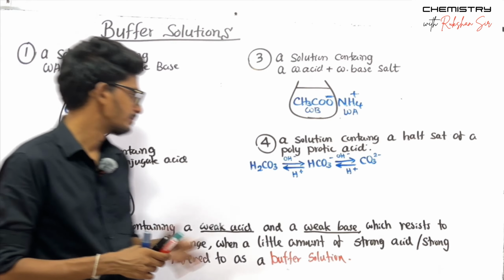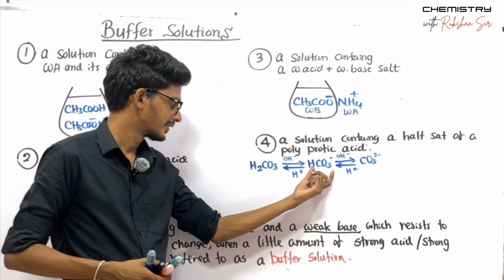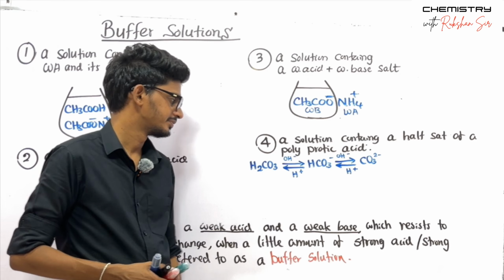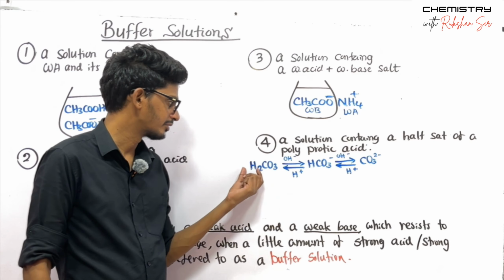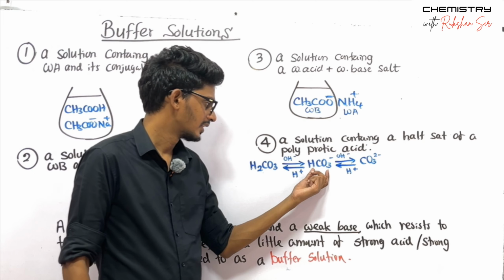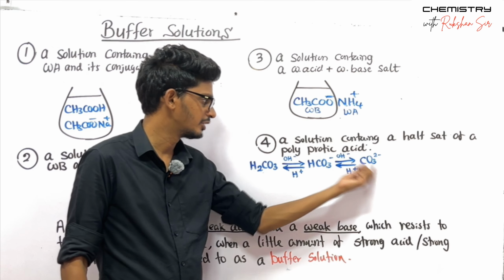So if you add some base to this, it will convert to HCO3 minus, one of the H pluses being neutralized by the OH minuses. If you add further base, the other H plus is also neutralized by the OH minus to come up with CO3 2 minus.